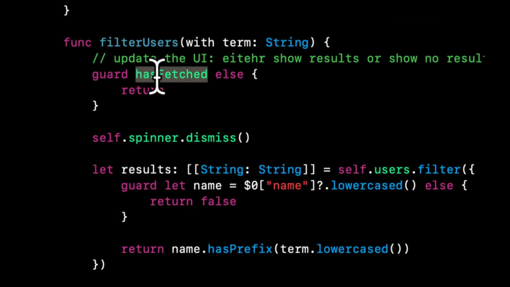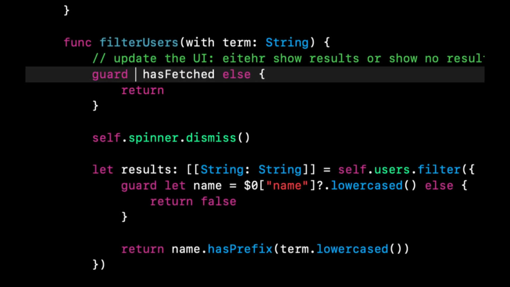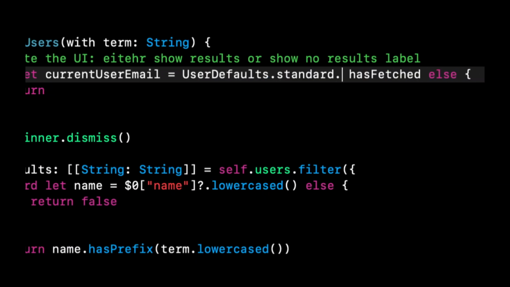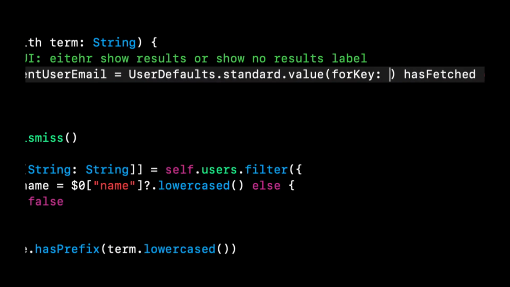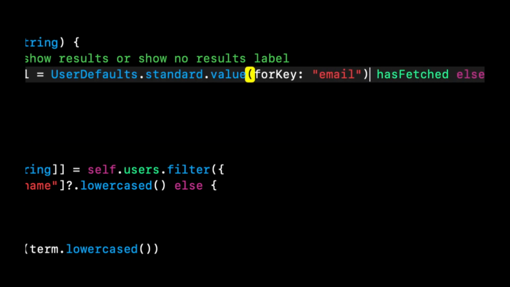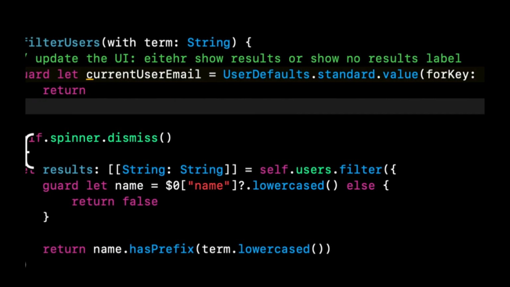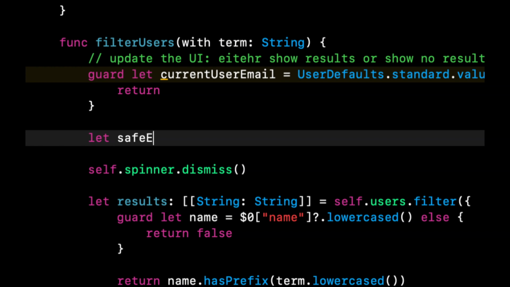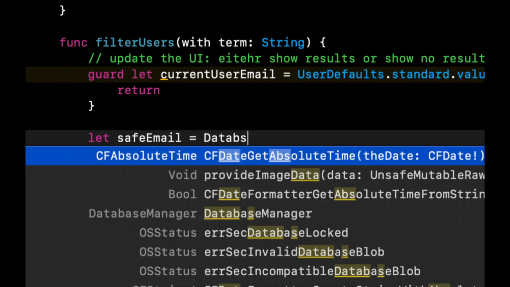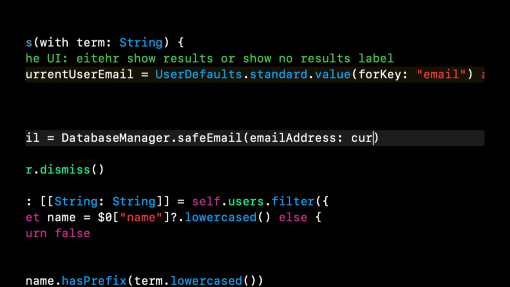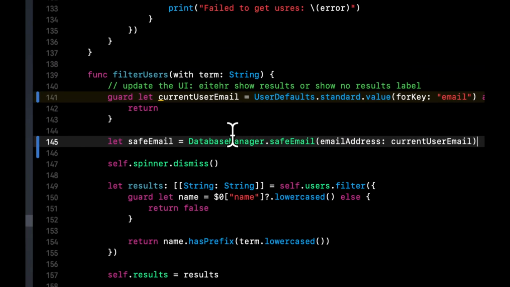So we're going to say, also in this guard, we're first going to say let current user email equals user defaults standard, and we want to get value for key, and that key is going to be email, and we want to cast it as a string, put a comma there, and then again we want to convert this to safe email, which is database manager dot safe email, and then pass in current user email.